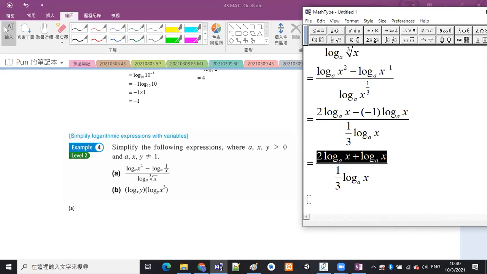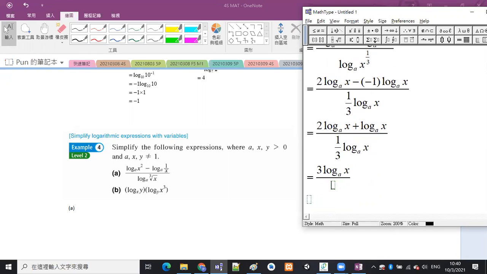They can be calculated. They can be added together. 2 log x plus 1 log x becomes 3 log x with the base being a, divided by 1/3 times log x base a. And now, up and down, both of them have log x base a as the common factor.